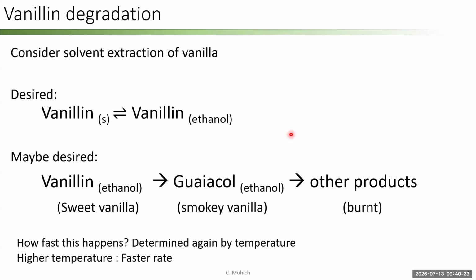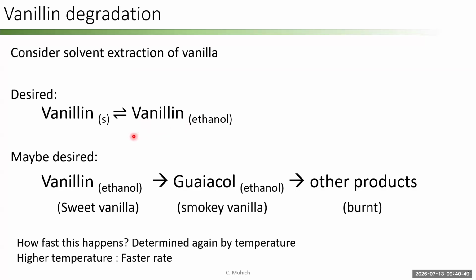We can see this similarly in a solvent extraction of vanilla, right? So we want the vanillin, which is sitting either as a solid or liquid in our vanilla beans, to move into an ethanol solution. This can be relatively slow.